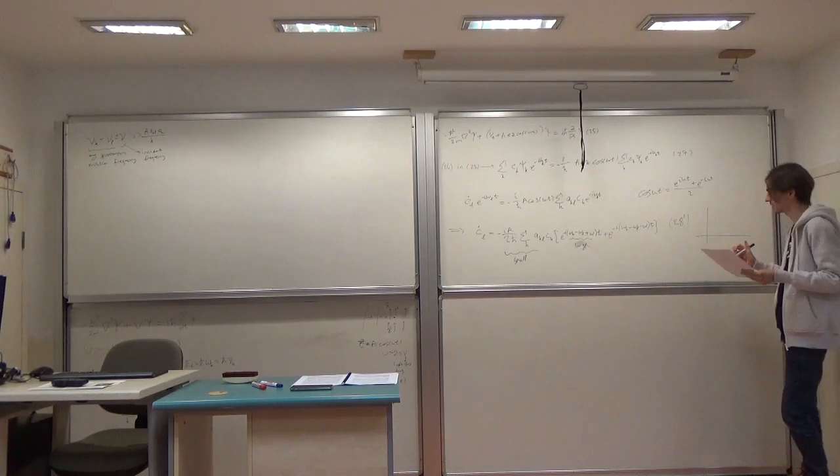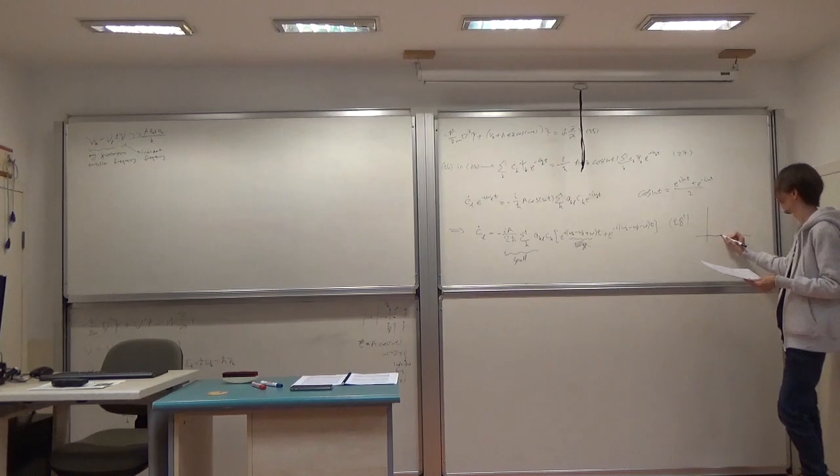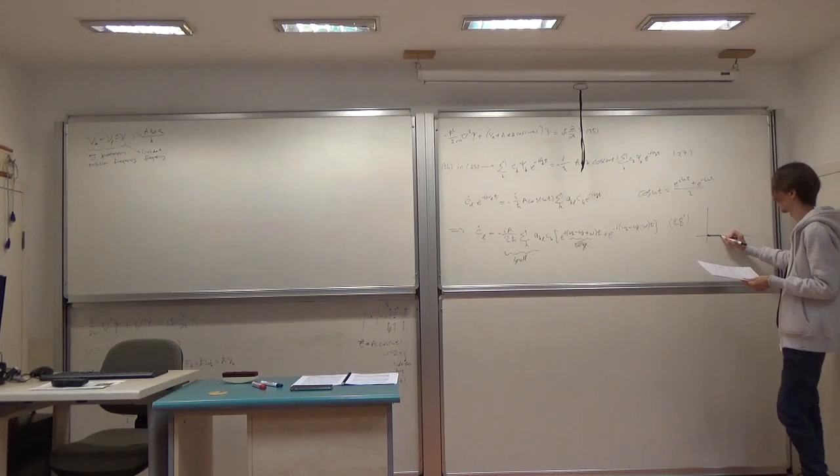So we will have a function like this, very close to 0, and rapidly oscillating.